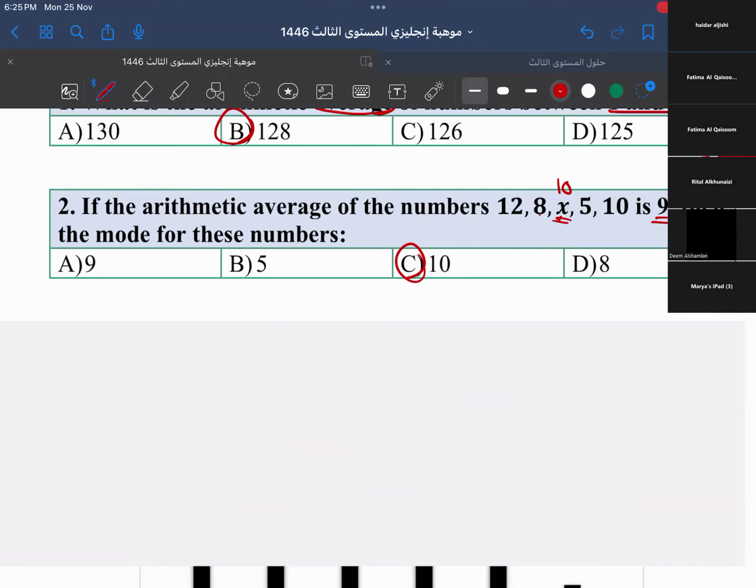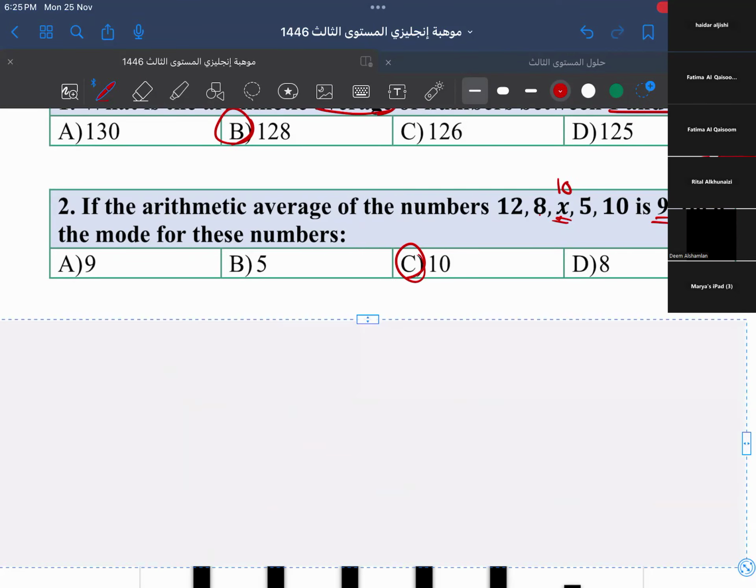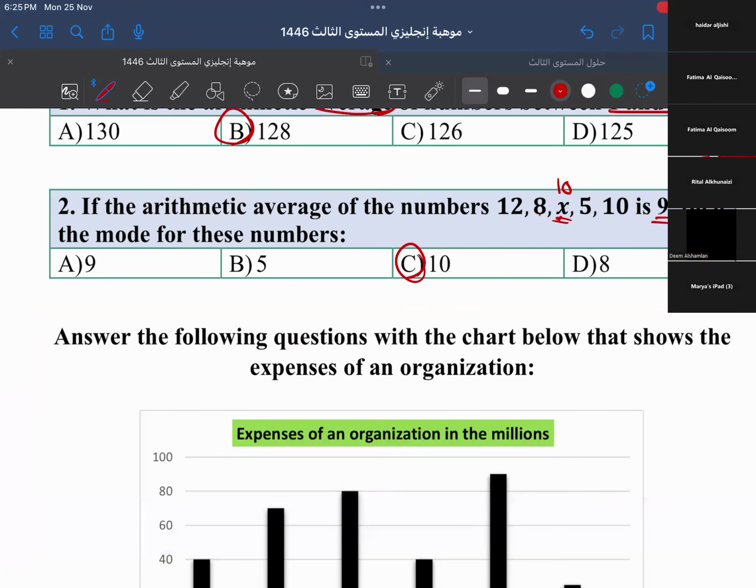Yes, Miss, but I have a question. Why did we use that equation if it's the equation for the mean and we're trying to find the mode here? Okay, so how do we find the mode? If we have all the numbers, right? I need to have all the numbers in front of me to see which one is repeated more. So we need to find what is missing.